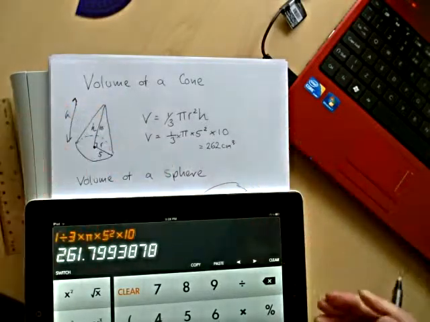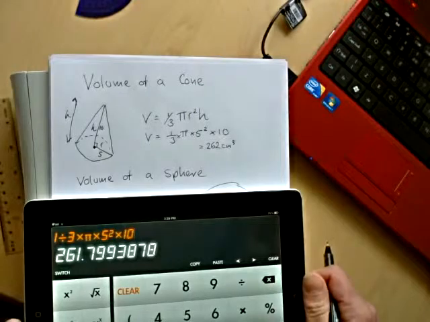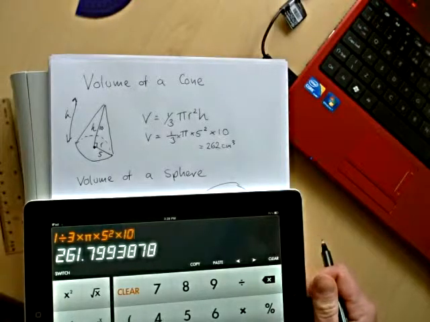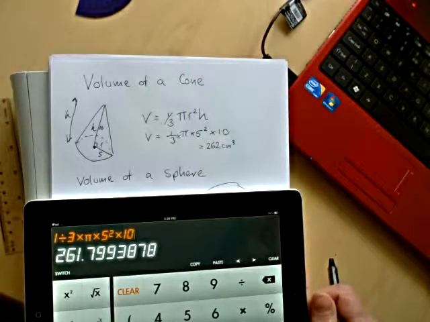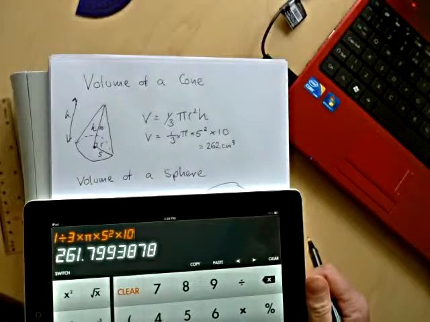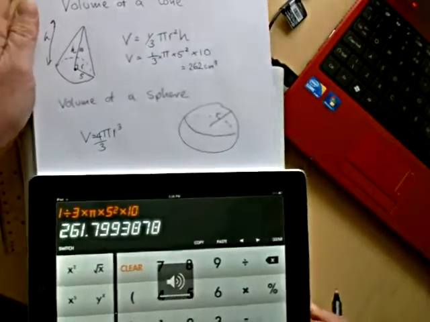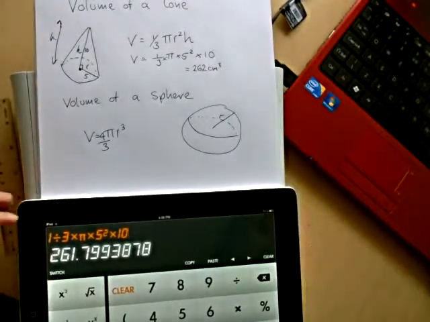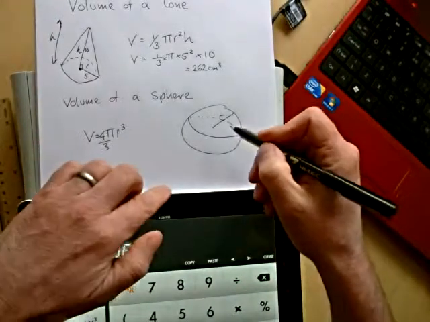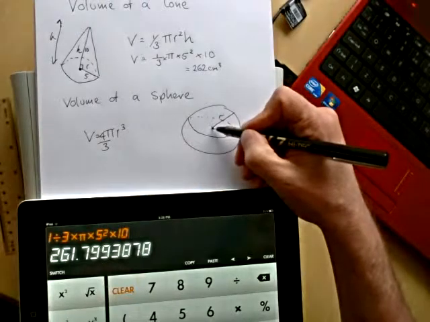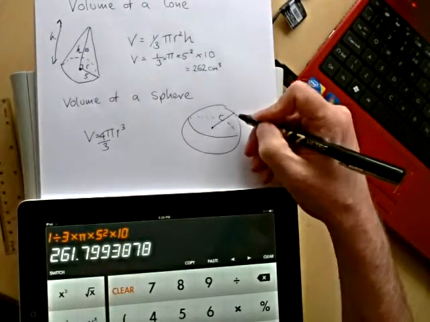Now there's a very good way of checking this by using an estimate, which I'll come back to in a moment. So we'll do the volume of a sphere. Now for the sphere, a sphere is like a football, so it just has one dimension, its radius.